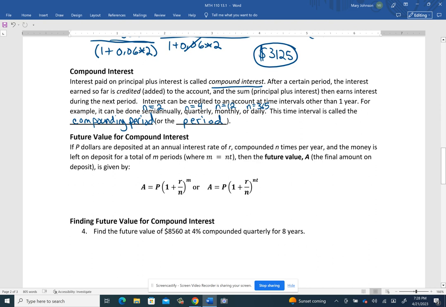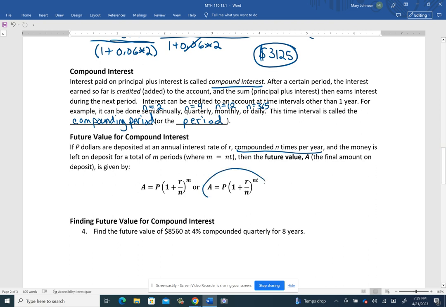R is still your interest rate written as a decimal, and it's an annual interest rate. The T is still the time, in years. The N is new. The N is the number of times the interest is going to be calculated in a year, the compounding period. So compounded N times per year. That's the new piece right there.